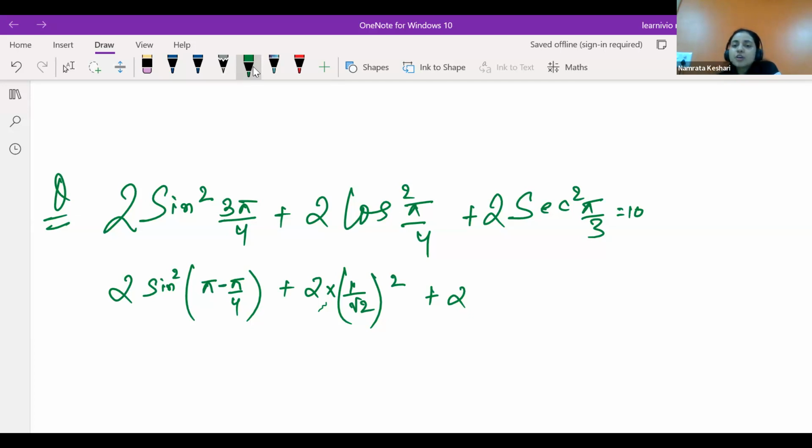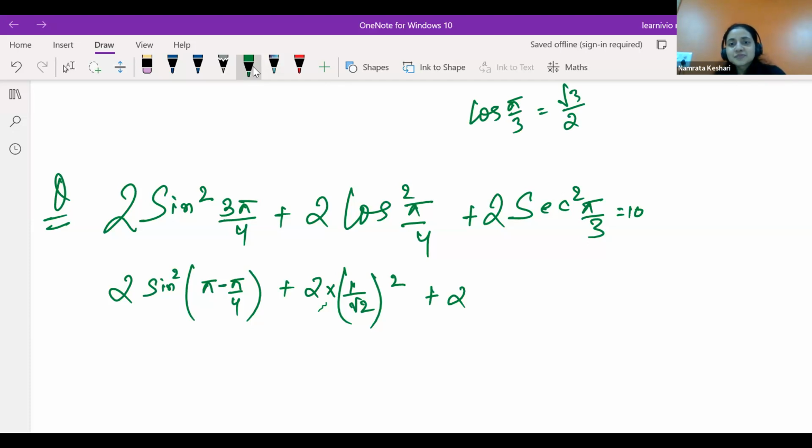Sec is the reciprocal of cosine, right? Cos pi by 3, is it this one? Are you getting confused?